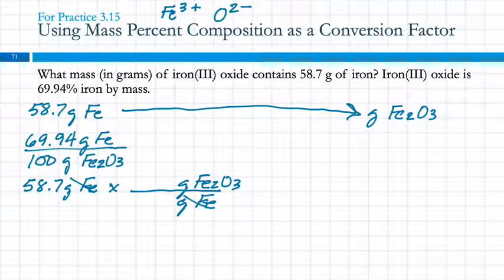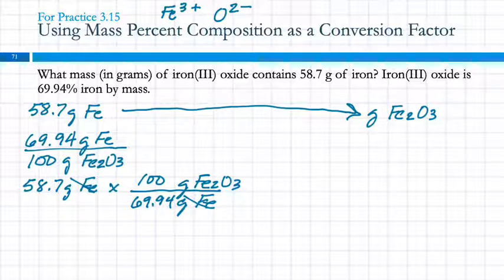Here I've got a mass of iron, and iron is down here in the denominator, so the 69.94 goes down there. And it was per 100 grams of the Fe2O3. That would be an exact number because of the percentage business.